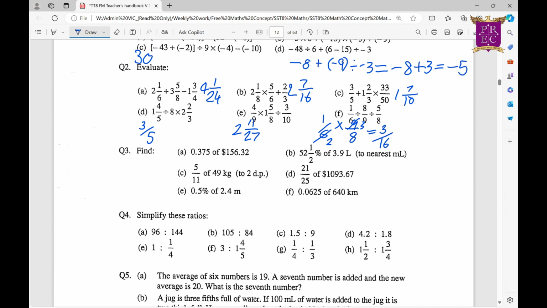Then we're dividing 3/16 by 5/8. Remember, we need to get the reciprocal, which is 8/5. That's 1, that's 2, gives us 3/10. That's it.